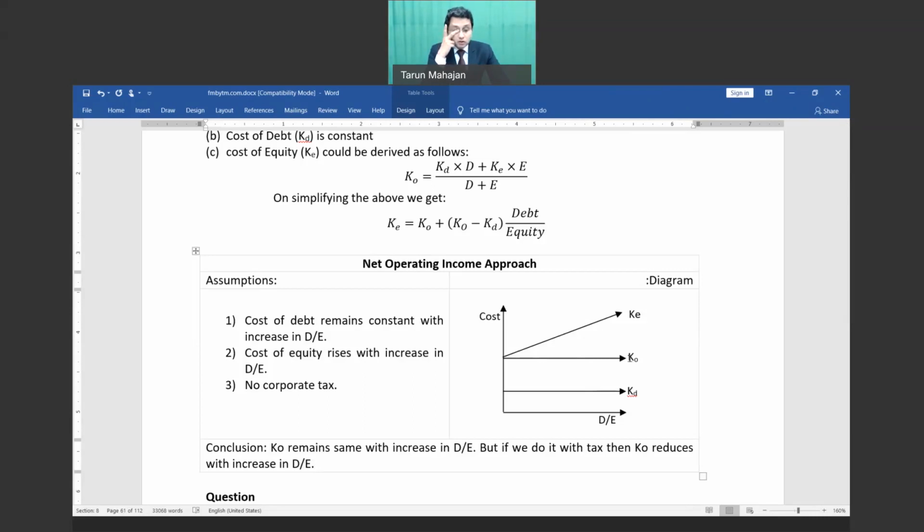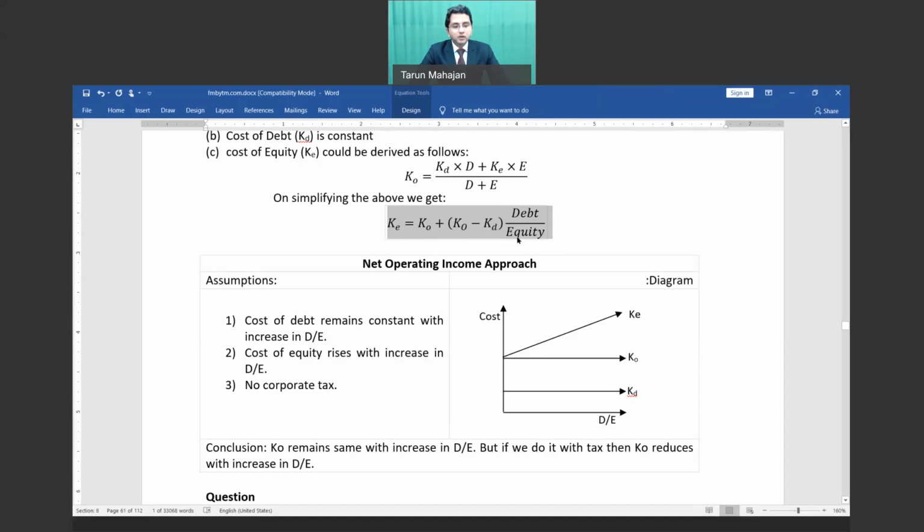So what will be the new cost of equity? If you are interested in knowing that, then this is the formula. Cost of equity under the net operating income approach is equal to the overall cost of capital, plus KO minus KD, overall cost of capital minus cost of debt, multiplied by debt upon equity.